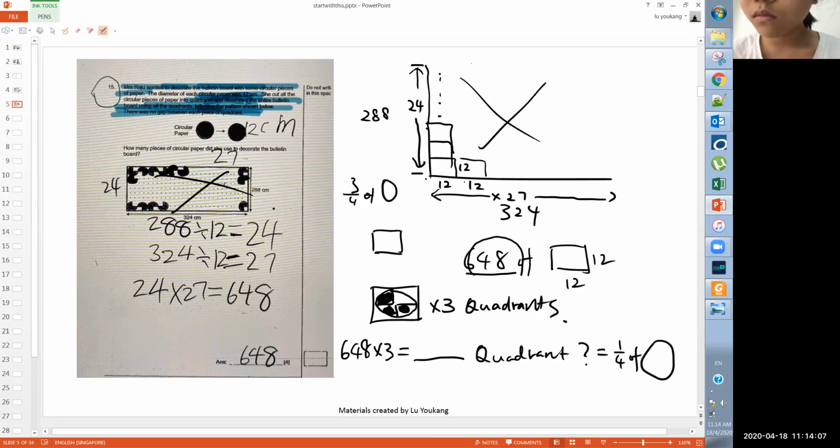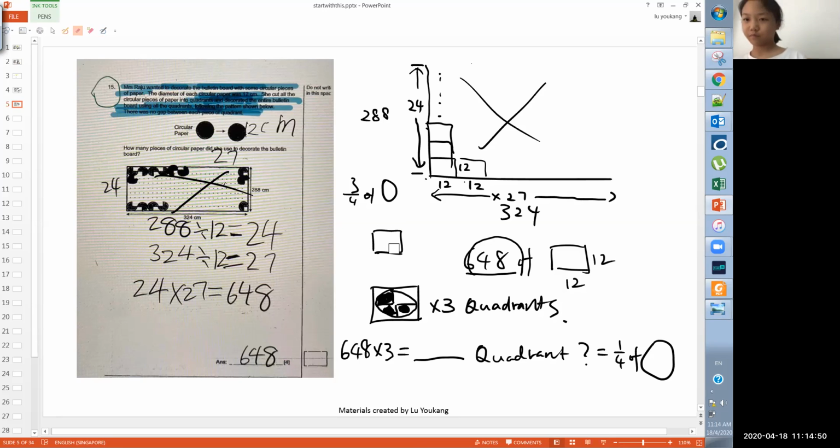Because the question asks for what? The question is asking how many pieces of circular paper did she use to decorate the building? So all the quadrants. The question asks for how many pieces. So how many quadrants can you have?